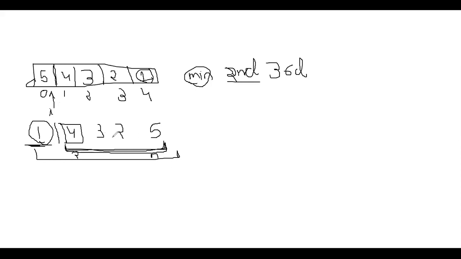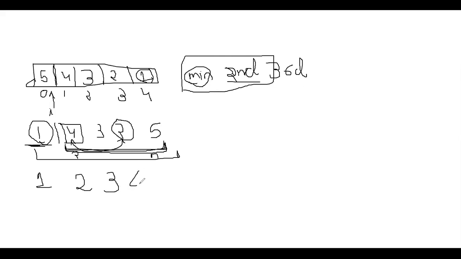So we find the minimum element in this subarray, which is 2, and we replace it with 4. These two elements are sorted now, and our array is 1, 2, 3, 4, 5.